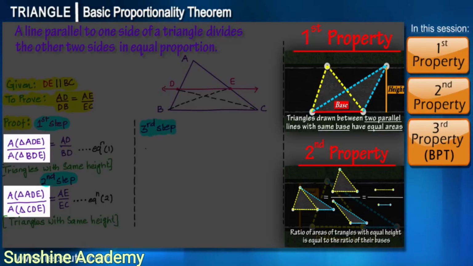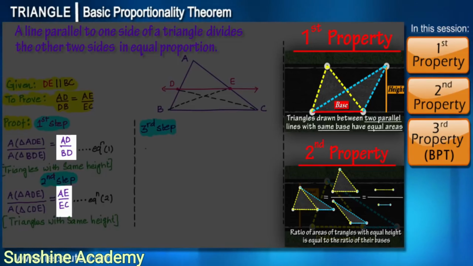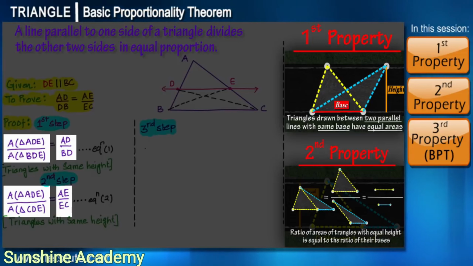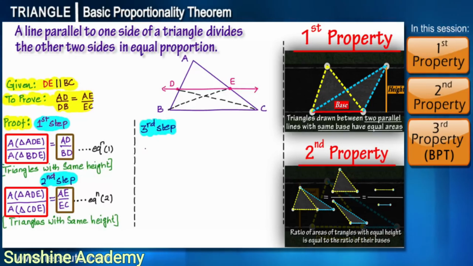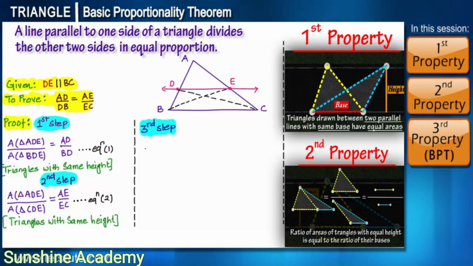So if we have to show the right hand side of these equations equal, for that left hand part should also be equal. On the left side we have a common triangle ADE. Now if we can prove the areas of triangles BDE and CDE to be equal, then left side of both the equations will become equal. So right hand side will also be equal. Means ratio will be equal and we are done with the proof, right?